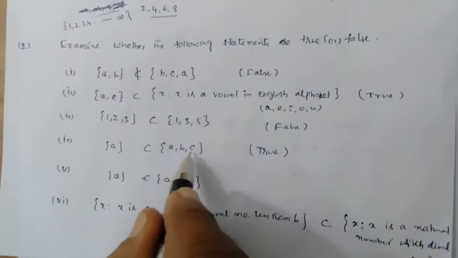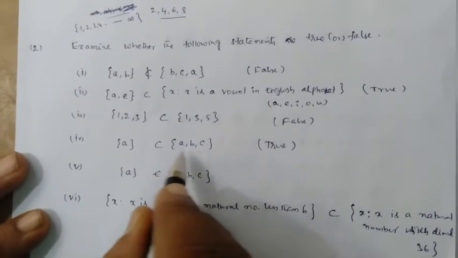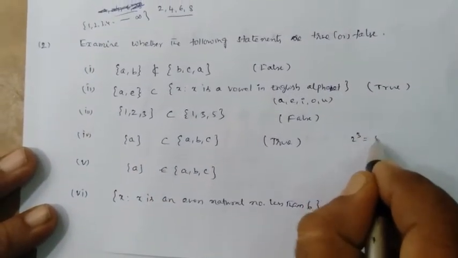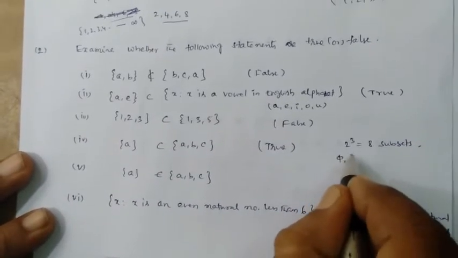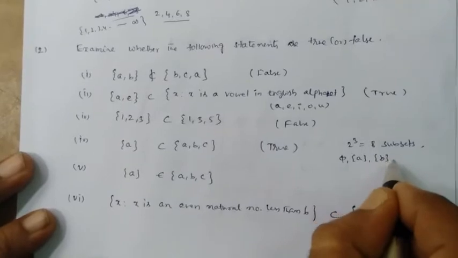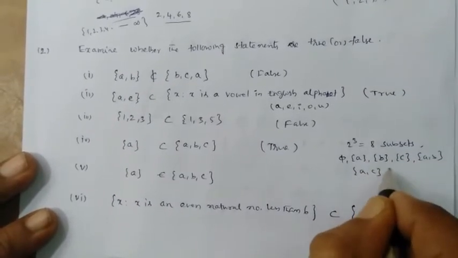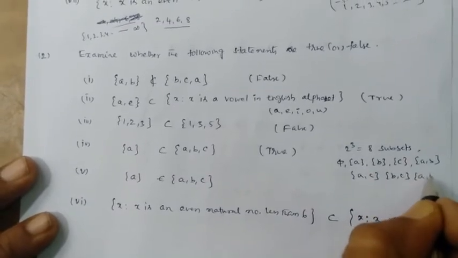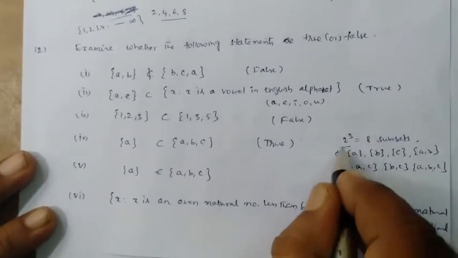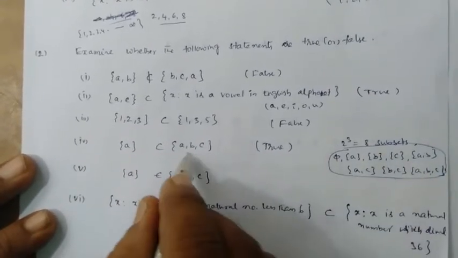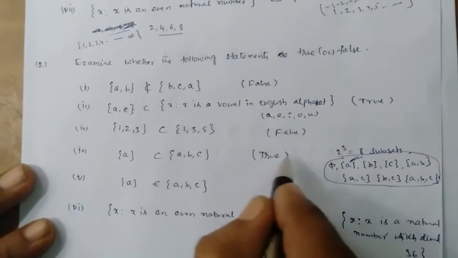For the set ABC, there are several subsets. There exist 2 cubed, that is 8 subsets, namely the empty set, singleton A, singleton B, singleton C, AB, AC, BC, ABC. 1, 2, 3, 4, 5, 6, 7, 8. There exist 8 subsets for the set ABC. So singleton A is also a subset of ABC. So this is a true statement.